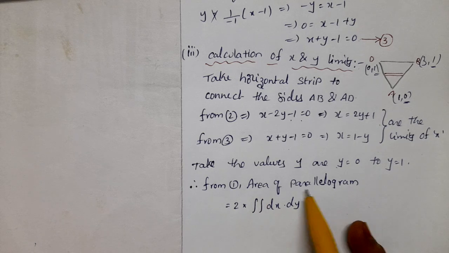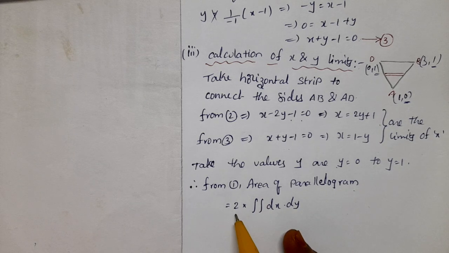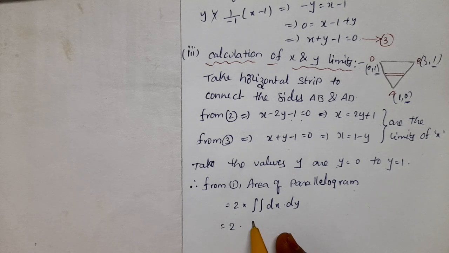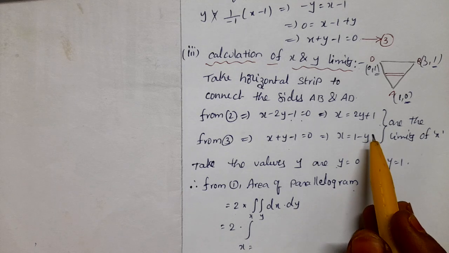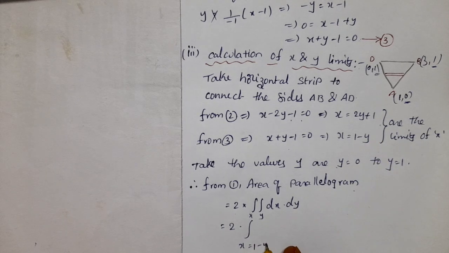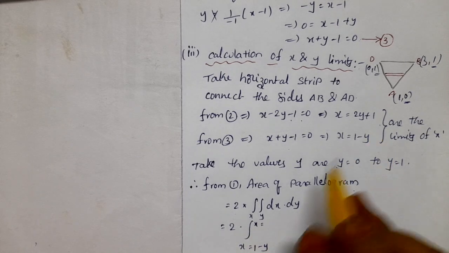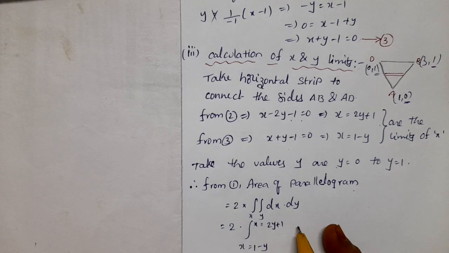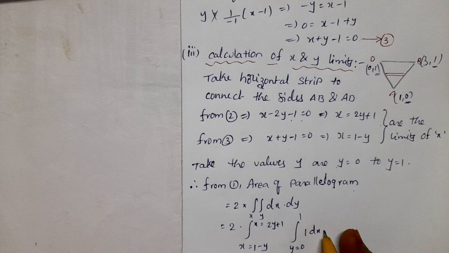Therefore, from 1, area of parallelogram equals 2 into double integral dx dy. This equals integral with x limits from x equals 1 minus y to x equals 2y plus 1, and y limits 0 to 1, dx dy.